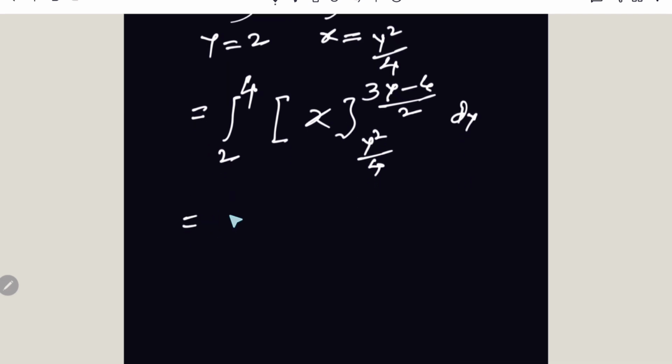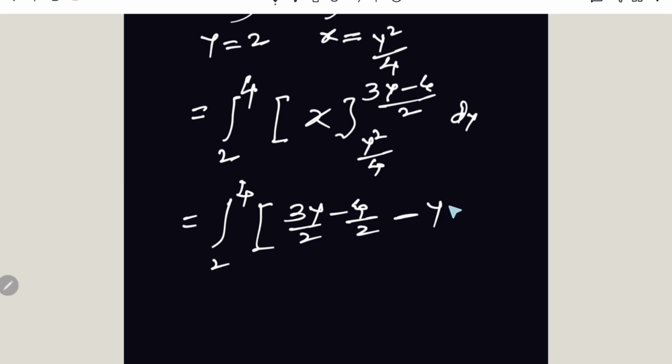Substituting the upper and lower limit, therefore integration from 2 to 4 as it is. Upper limit for x is (3y minus 4) by 2, dividing separately by 2, and minus lower limit is y square by 4, and then this we have to integrate with respect to y.